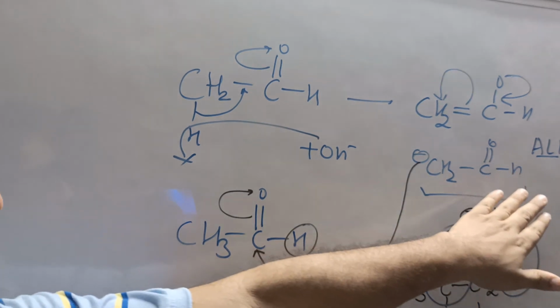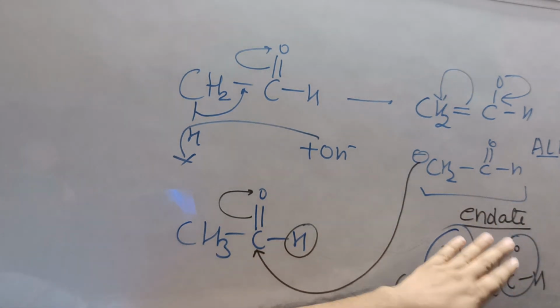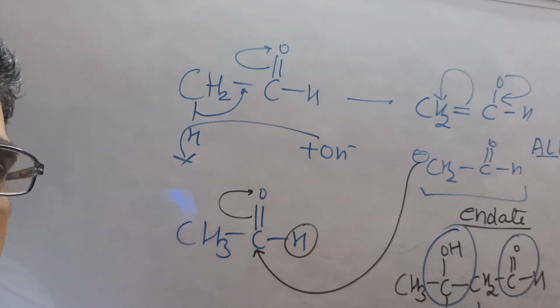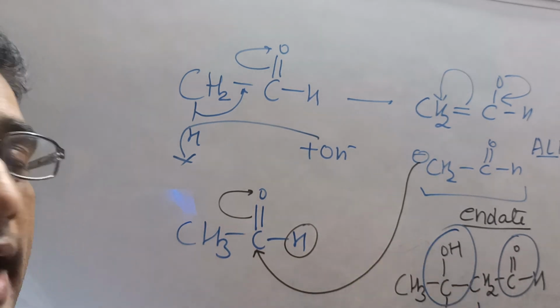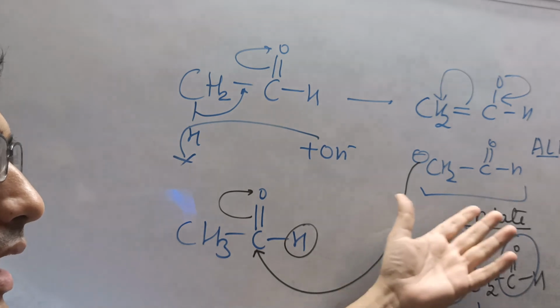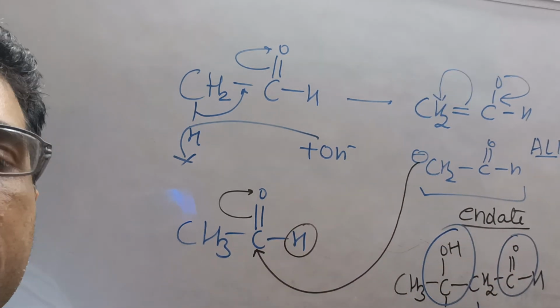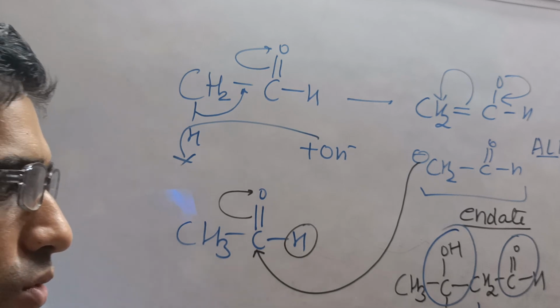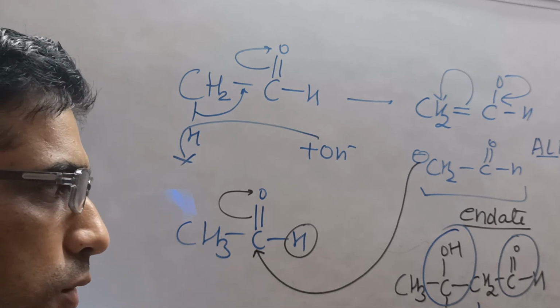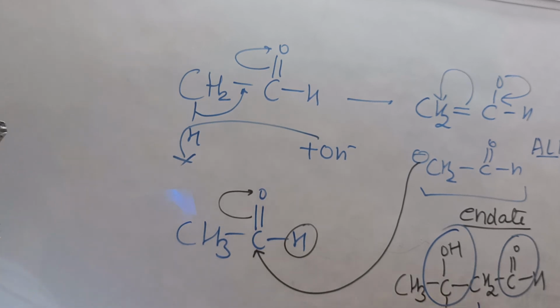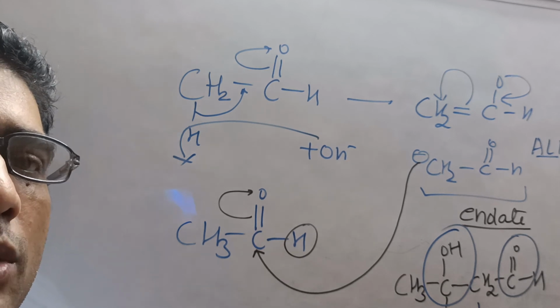First step is generation of enolate ion, and second step is nucleophilic attack, because your enolate ion is a negatively charged species. Nucleophilic attack on the other acetaldehyde molecule, giving rise to the final product but-2-enal, involving removal of water molecule. So this is a simple mechanism of aldol condensation.